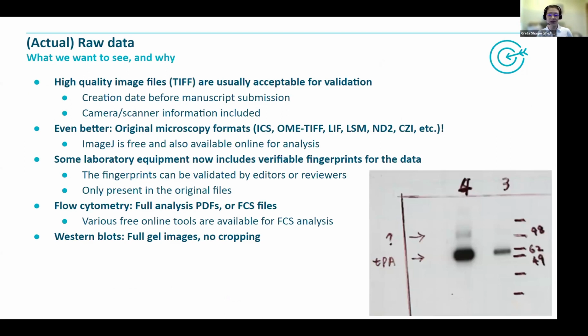And just to end on a more positive note, what we want to see when we ask for raw data and why. So usually high quality TIFF images can be enough for validation, just to make sure that there's no obvious manipulation, and the images have to have relevant metadata. So the creation date has to be before submission, and ideally they would have camera or scanner information.